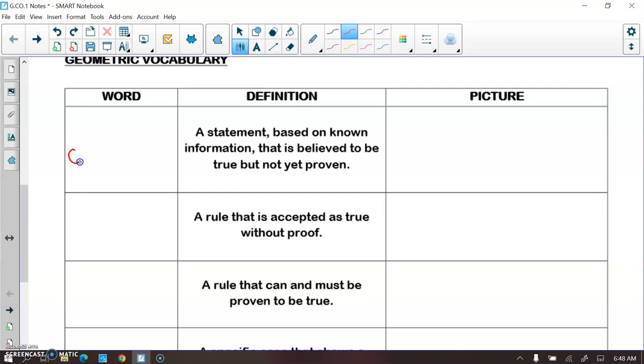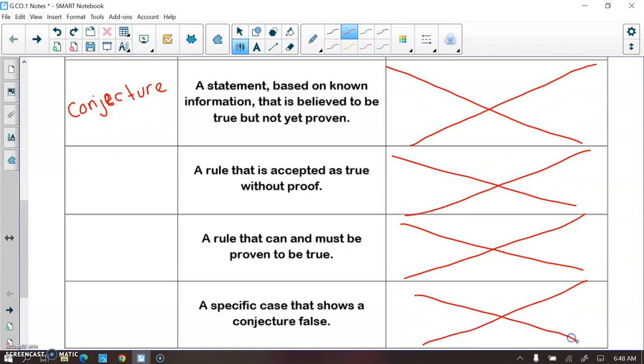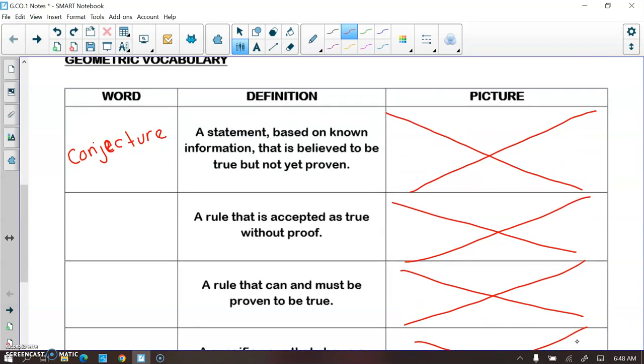This is called a conjecture. And on your notes, you don't have this picture box. I don't know on my notes why I have that, but ignore that column for this. All right. So a conjecture is something that you believe to be true based on information that you know, but it's not yet proven to be true, so it's just a hypothesis.